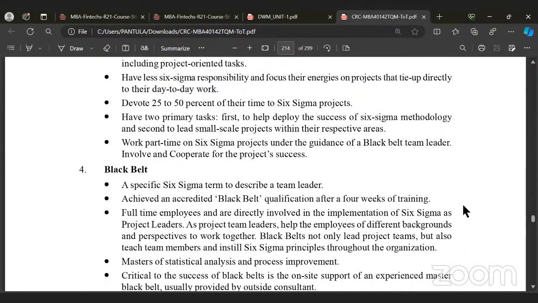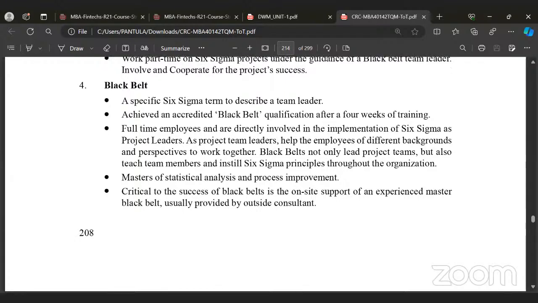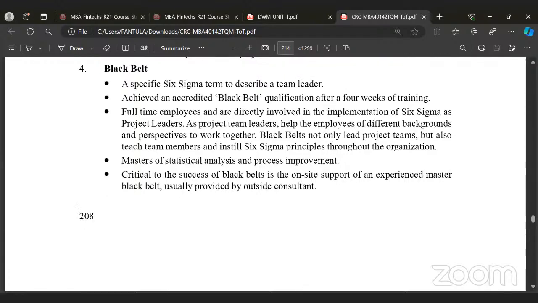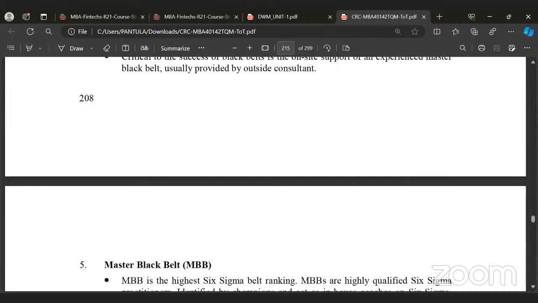They achieve black belt qualification after 4 weeks of training. They are full-time employees directly involved in the implementation of Six Sigma, project leaders, and masters of statistical analysis and process improvement. Critical to the success of black belts is the on-site support of the experienced master black belt.